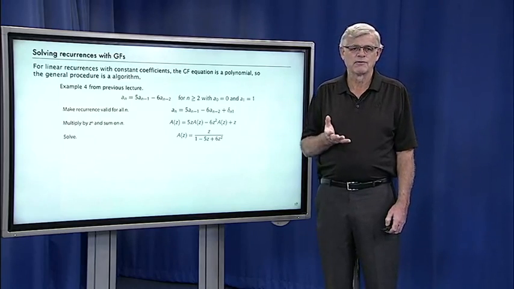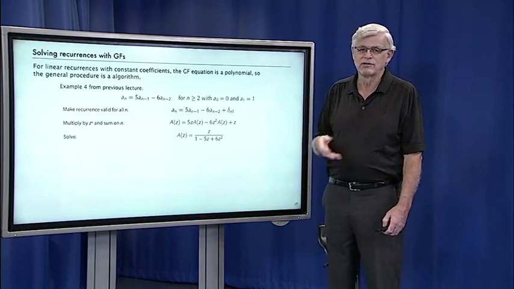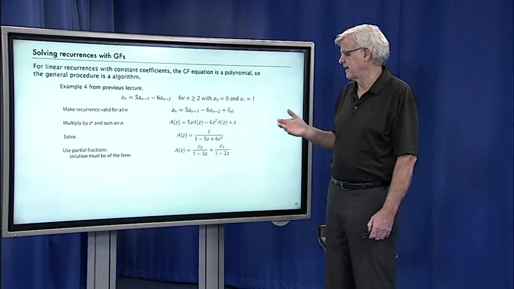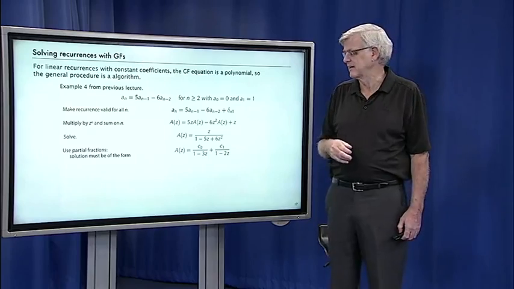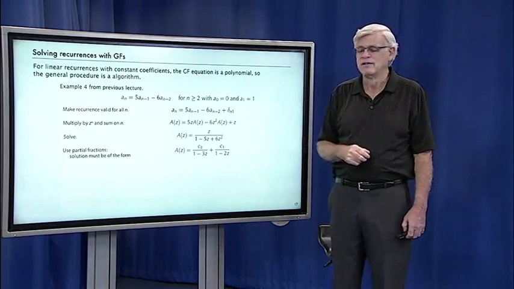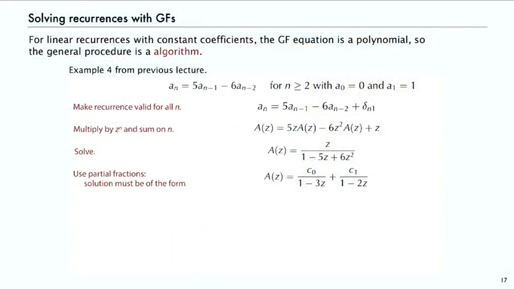So how are we going to extract coefficients? Well, in the case of a ratio of two polynomials, it's not difficult. It's the technique known as partial fractions, where we factor the polynomial in the denominator. And we know that our solution must be of this form, because if you cross multiply, then in the denominator you get the right polynomial because you factored it.